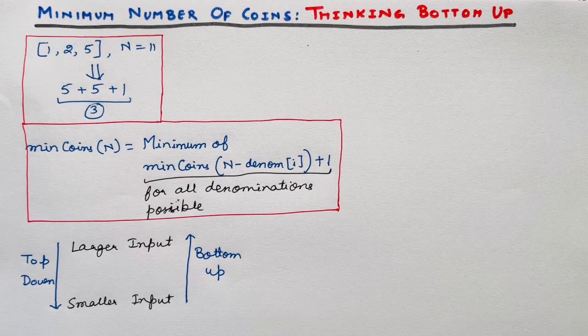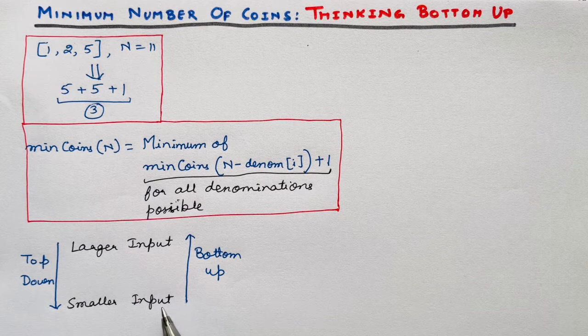Let us now see how we even start thinking about the bottom-up approach. In the top-down approach, we started from the larger input, and as we went through every step of recursion, our input became smaller and smaller till we reached the smallest input or we reached the base condition. In bottom-up, we will go in reverse order.